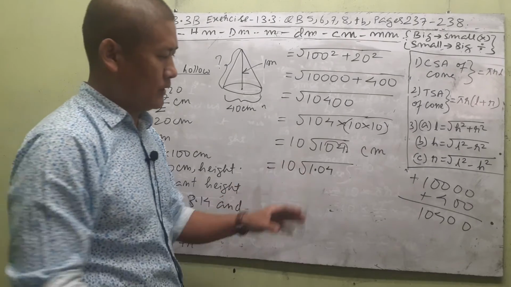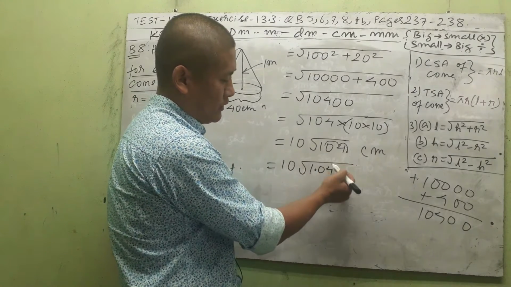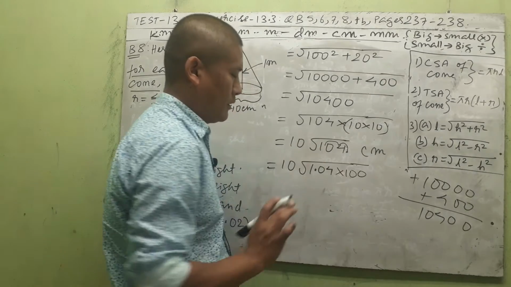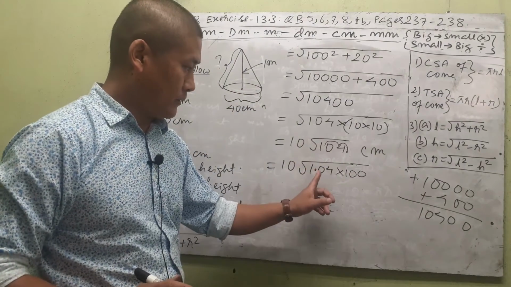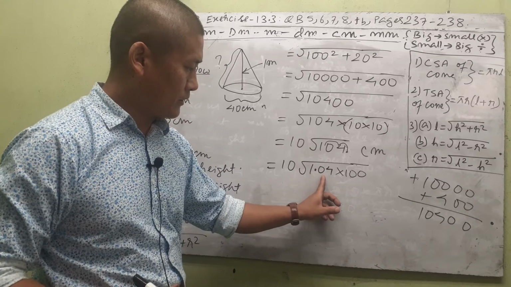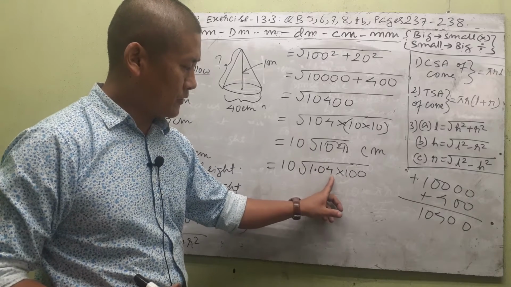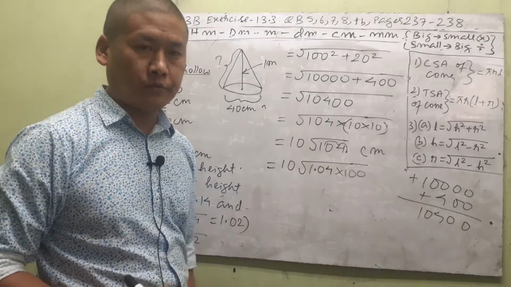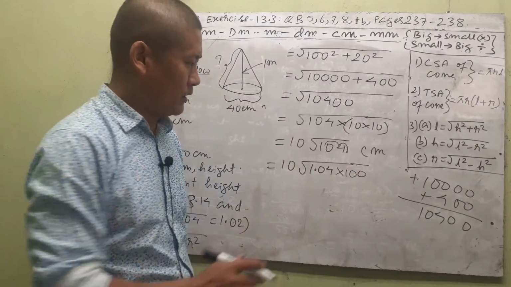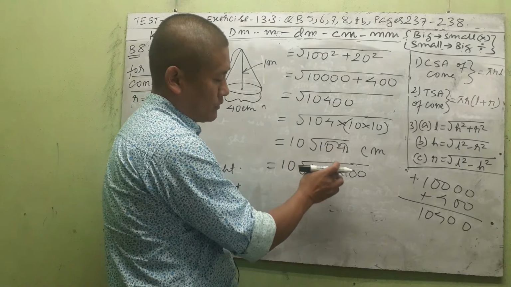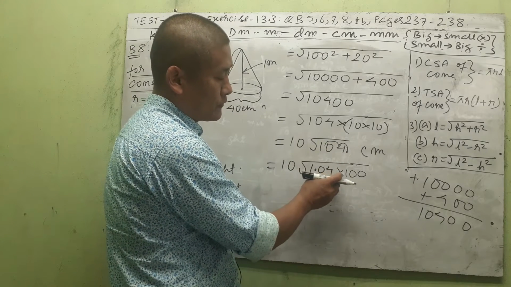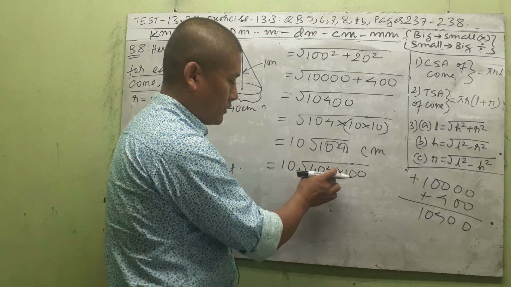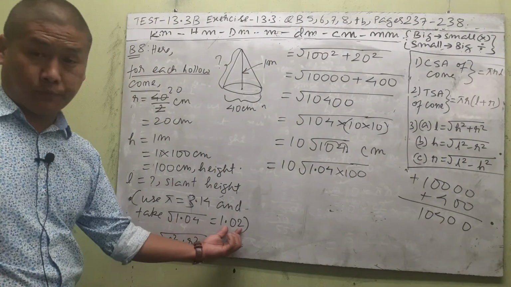To do that, you have to shift this decimal 2 places to the left, so you need to multiply by 100. The moment you multiply 1.04 by 100, it will change back to the original, because it's the same number. In other words, 104 and 1.04 into 100 is the same number. That way we can put the value of root 1.04 as 1.02.